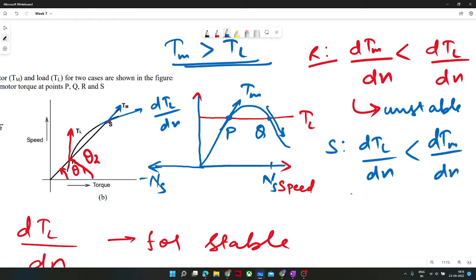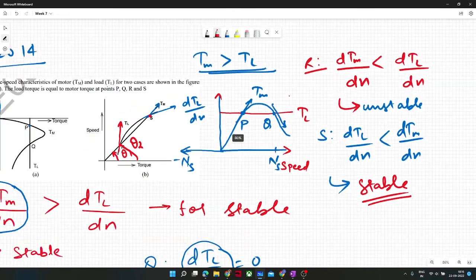So which case would it be, stable or unstable, at S? Stable. Fine, thanks. It would be stable. So you just need to identify which slope is higher, and if motor torque is higher than load torque at any point, that is considered stable.